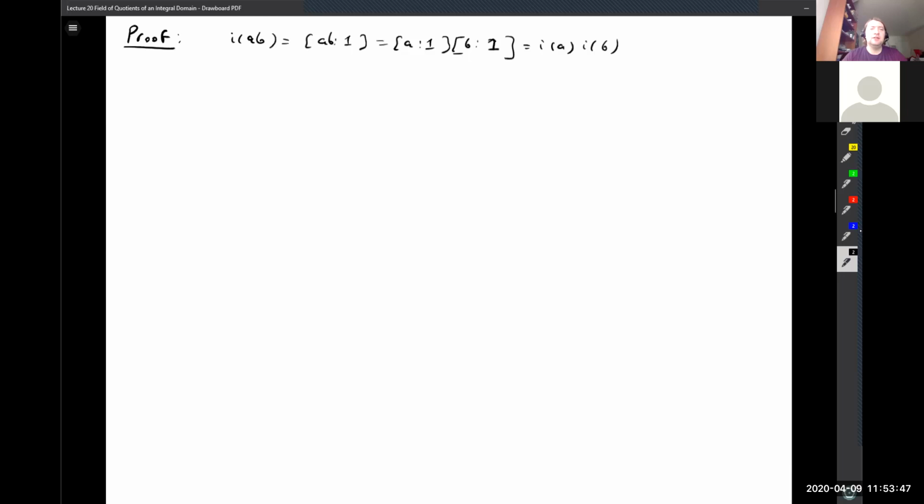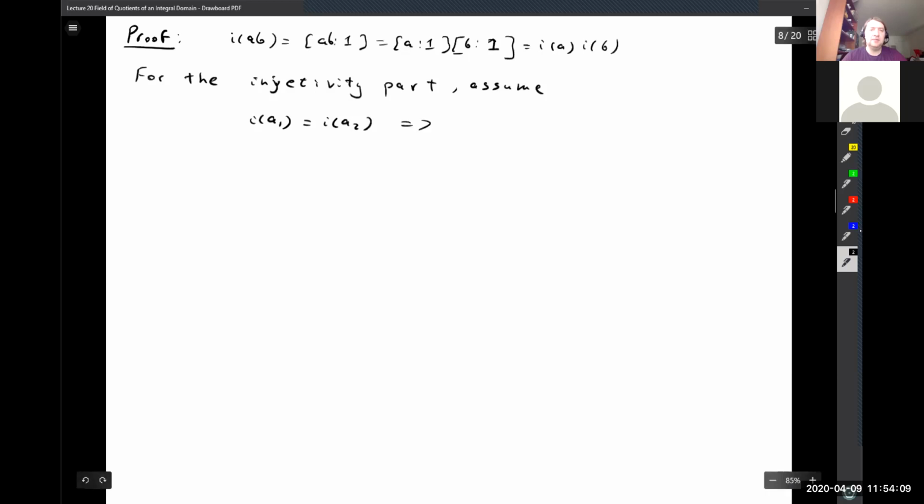The injectivity part. For the injectivity part, assume I of A1 equals I of A2.